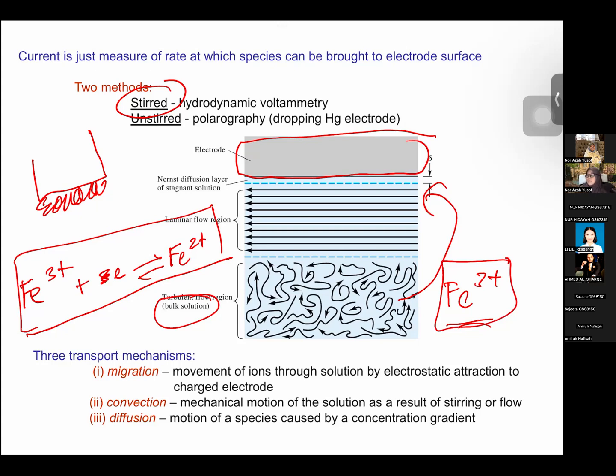So one of the things that we can do is to put all sorts of current enhancement material on top of the electrode. Some example of current enhancement material is conducting polymer.